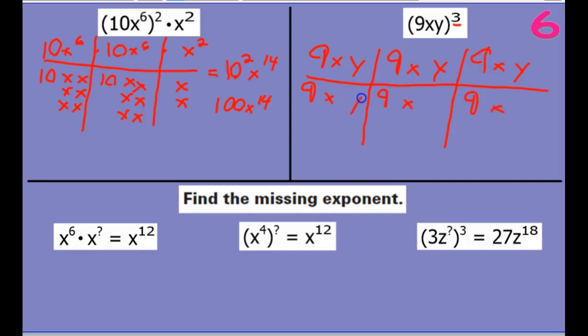And 1 y in each. So in total we have 3 9s, 3 x's, and 3 y's. So 9 to the 3rd, x to the 3rd, y to the 3rd.